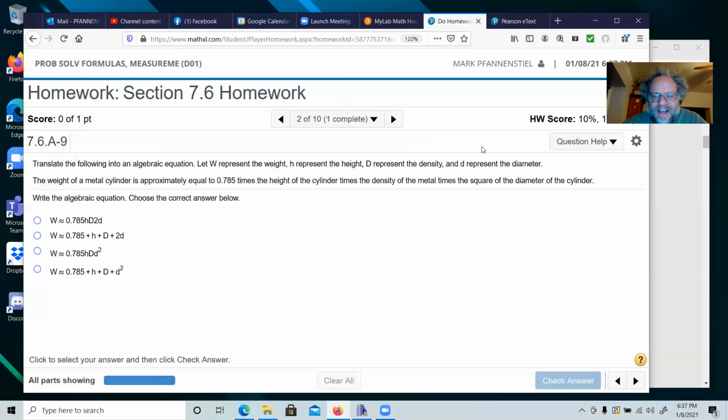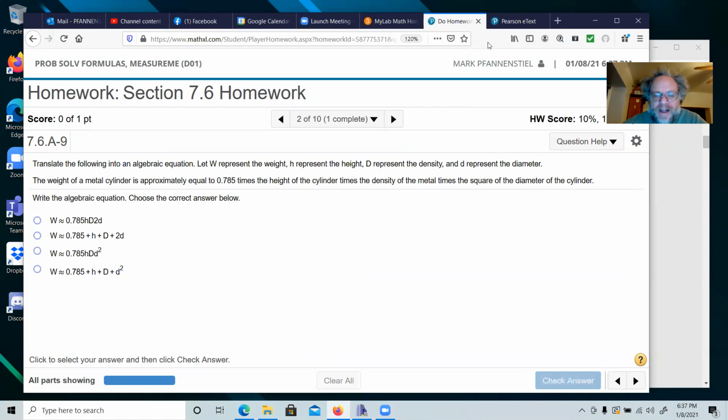All right, and let's see here. The weight of the metal cylinder is approximately 0.785 times the height of the cylinder times the density times the square of the diameter. Good Lord, there's a lot to untangle here, isn't there?